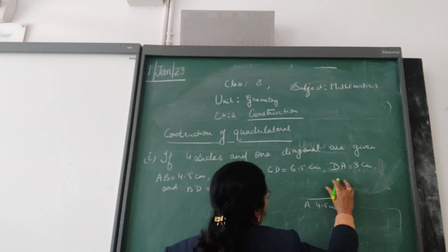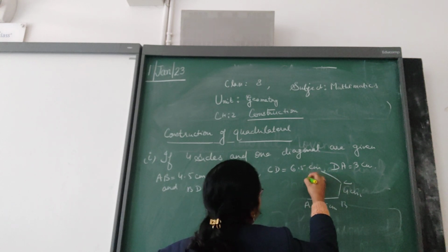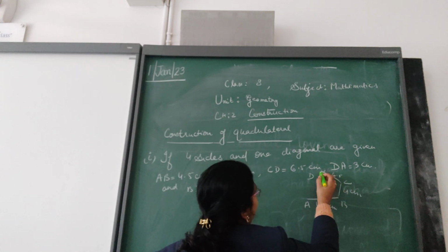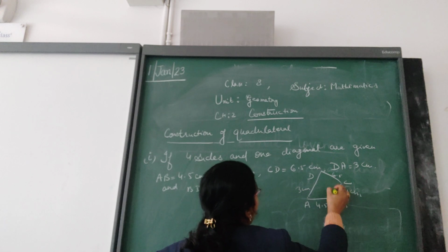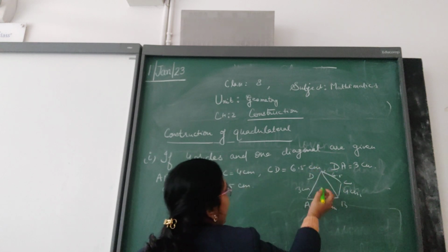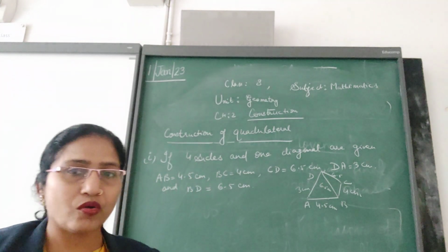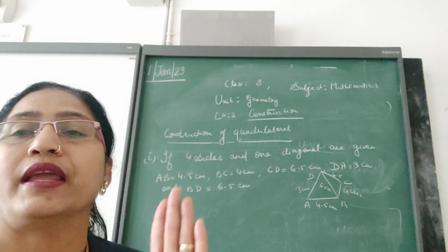BC, take 4 centimeter. CD, consider 6.5 centimeter and DA is 3 centimeter and diagonal BD must be 6.5 centimeter according to the question. This is the rough sketch diagram.